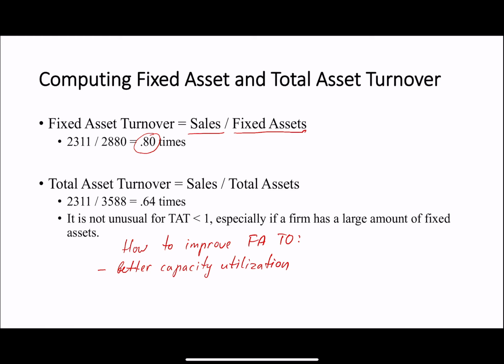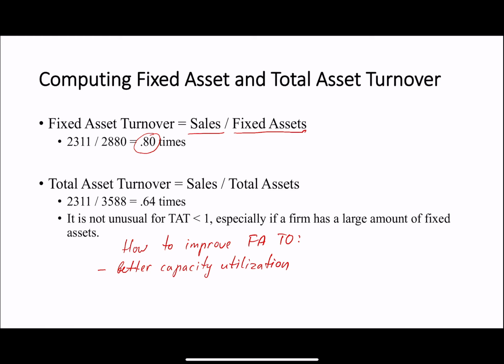You want to utilize your capacity in the best possible way, so you want to use it efficiently. So if you observe low fixed asset turnover, you want to basically try to investigate the ways to load your capacity, utilize it better. So how can you do it? You either increase sales so that you can utilize capacity at 100%, or you simply reduce your capacity.